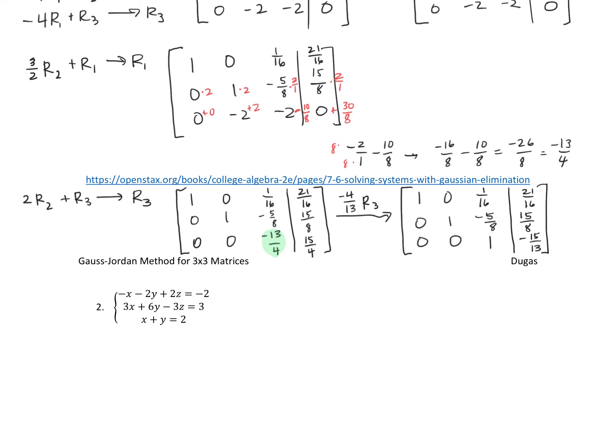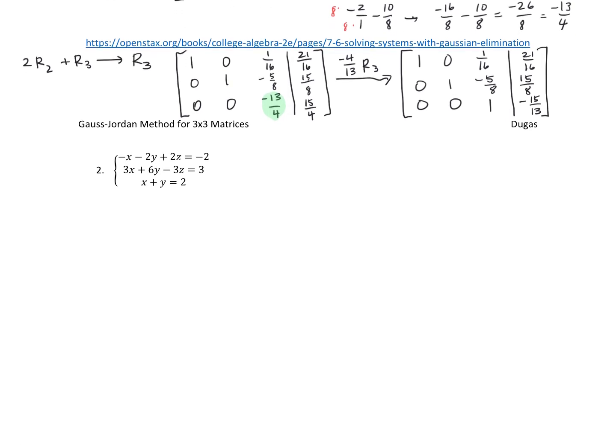Okay, so let's start with, I guess, row 1. So row 1 has a 1/16 that I want to be a 0. And so we're going to multiply the third row by the opposite of that. So -1/16 times row 3 plus the row we're trying to zero out, that's row 1, and we're going to replace row 1 with that. Okay, so -1/16 times row 3. So that's going to be really easy for the zeros, right?